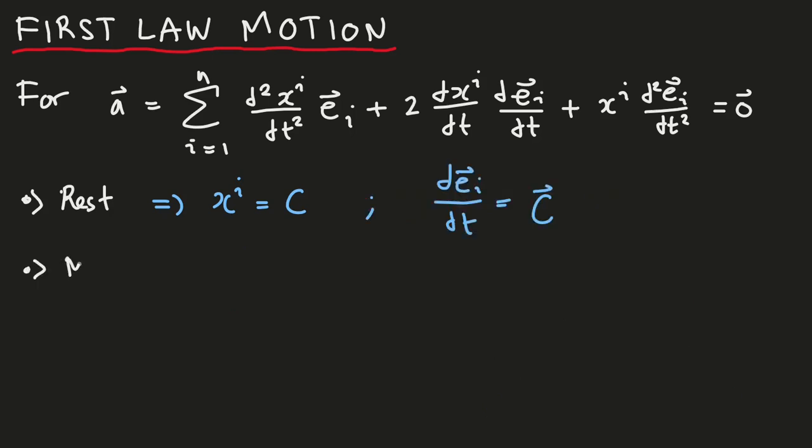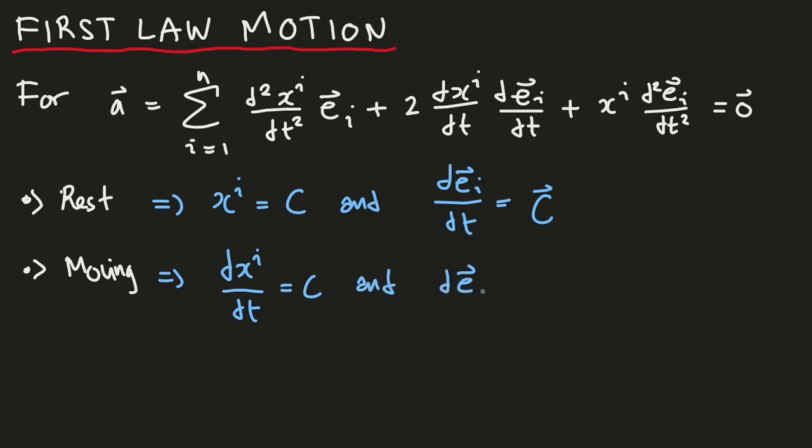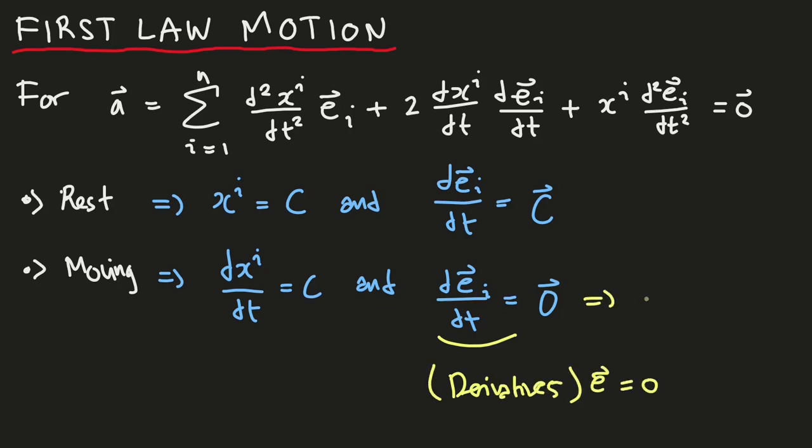The next condition is moving. If our object is moving, then each first derivative of a component needs to be a constant, and the rate of change of the basis needs to be a zero vector. Of course, higher order derivatives with respect to t will give us 0 too in this condition. That means our basis is a constant vector with respect to time, or time independent, and we chose a non-trivial basis.